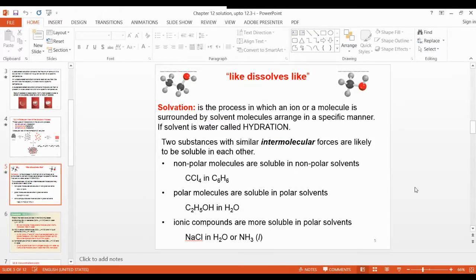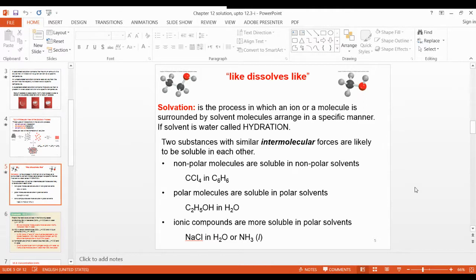Now, like dissolves like. It means like daughter like mother: just as mother and daughter are similar. Like dissolves like means the solvent and solute can dissolve if both are polar or both are non-polar.